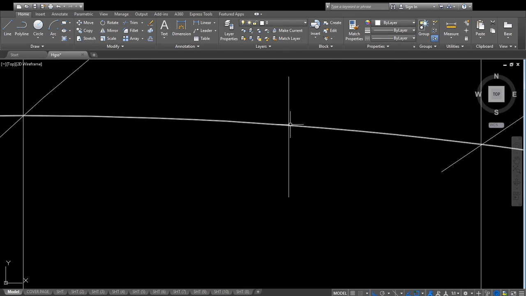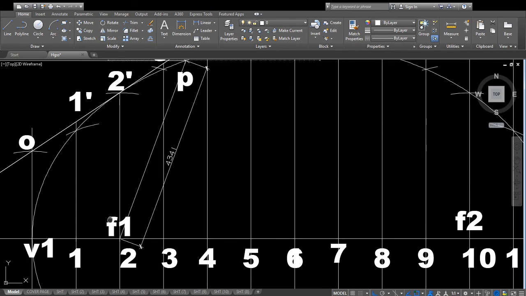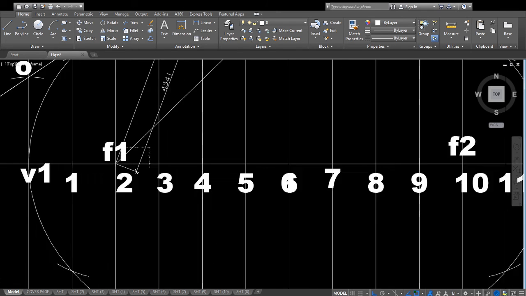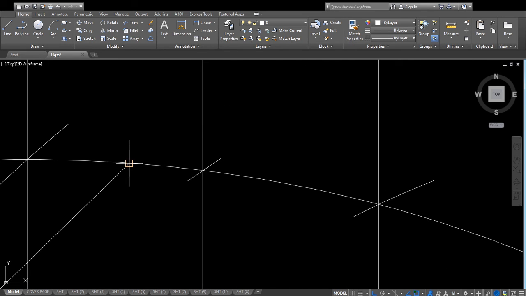From this point you draw a line to F1, and from that same point you draw a line to F2.